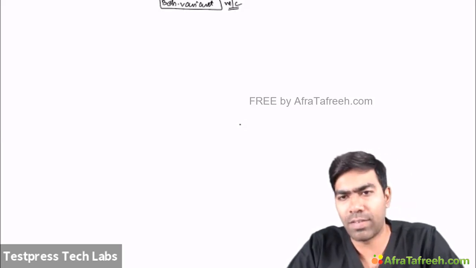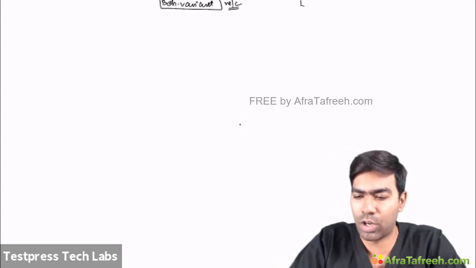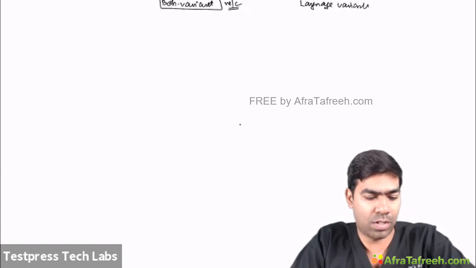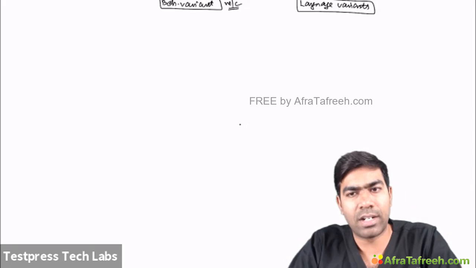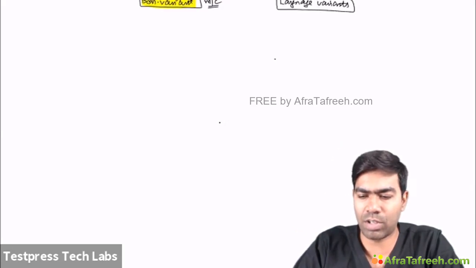Then we have the speech variants, or language variants. If they ask you in an exam which variant is extremely common in frontotemporal dementia, I'll answer behavioral variant only. Language variants are comparatively less common.